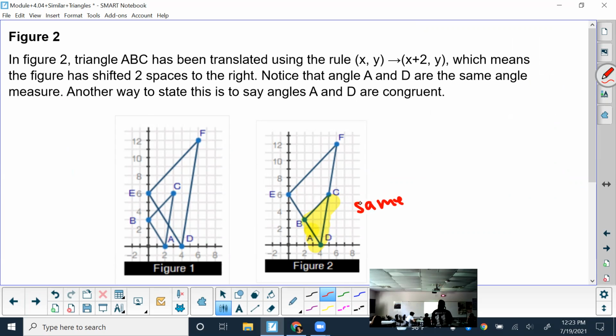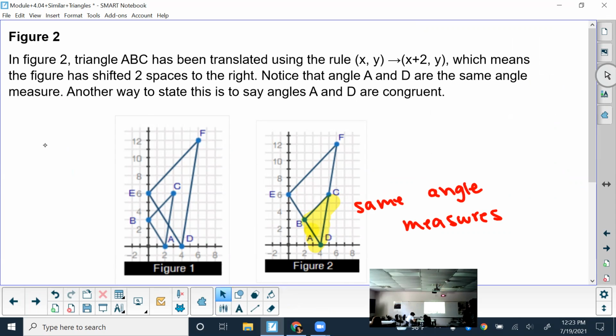So same angle measures. Translating something, like putting it into the dilated image, is one technique of showing that they have the same angle measures. All right, the angles are congruent, but the side lengths are not.